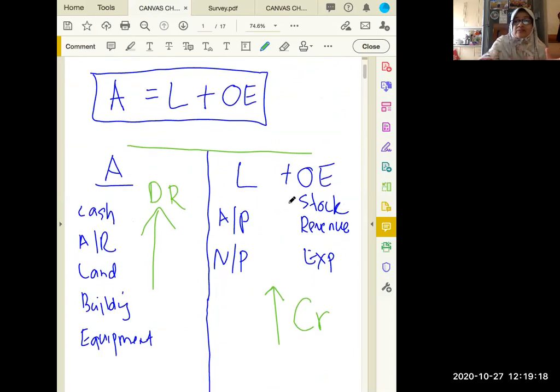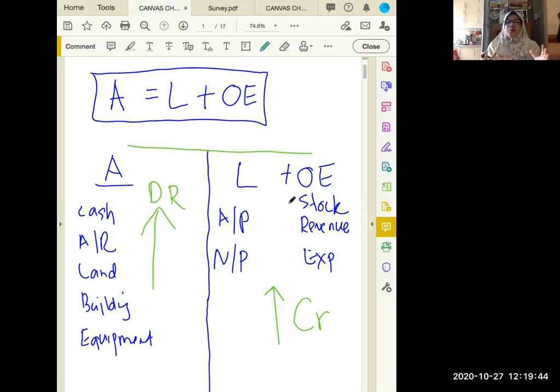Which one is actually affected by the transaction? Or it could be accounts payable, notes payable, or revenue and expenses. First, you have to identify from the transaction which account is affected, and you must know whether the account is an asset, liability, or owner's equity.